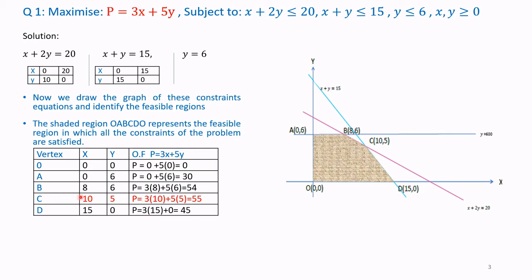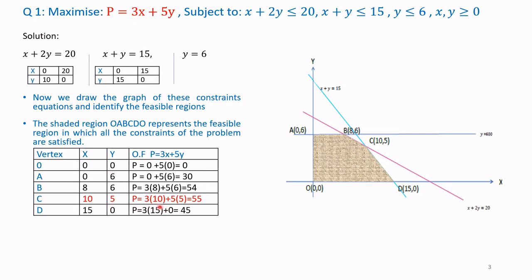Next point is C. So in C, from the graph, x is 10 and y is 5. So we will substitute these values in the objective function 3x plus 5y. That is 3 into 10 plus 5 into 5. That becomes 55. So P equals 55 at point C.